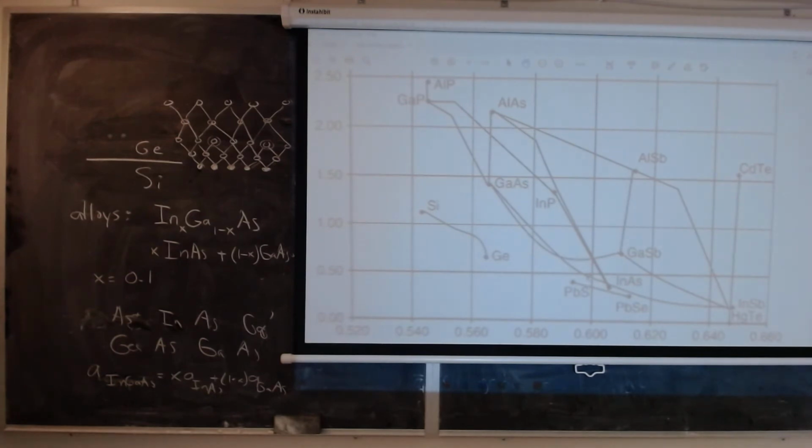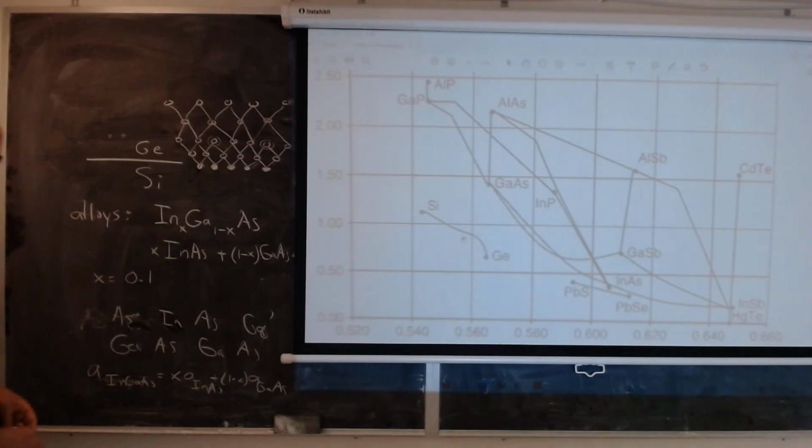All right, so now let's get to silicon germanium. Silicon germanium is here. Here's germanium, and here's silicon. And they have a line here which shows what silicon germanium does. Basically, as you add more germanium, it moves to a higher lattice constant, something in between.